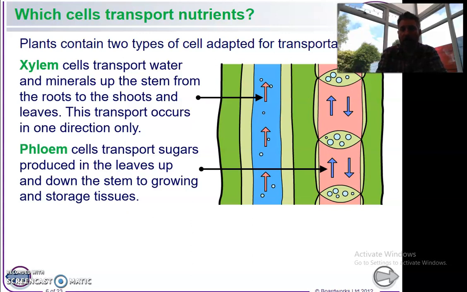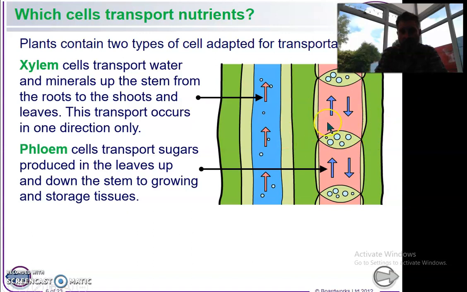Phloem for food, transports sugars. That's how I remember it anyway. And that transports sugars, and that's in two directions, up and down. And those are living cells, and they've got the specialised ends here.